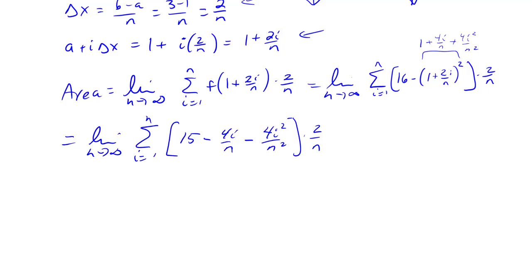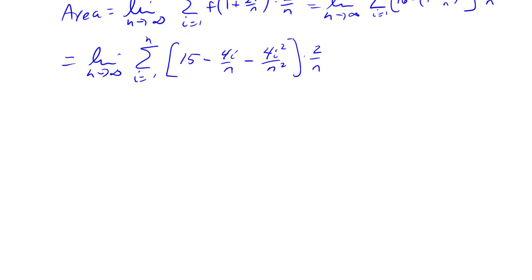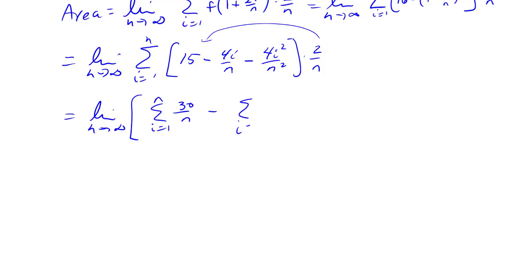And what I'm going to have to do is really break this apart so I can manage it. So i equals 1 to n. I'm going to do the 2 over n times this. So I'm going to get 30 over n minus sum i equals 1 to n, go to the next one, I'm going to get 8i over n squared minus sum i equals 1 to n, then I'm going to get 8i squared over n cubed.